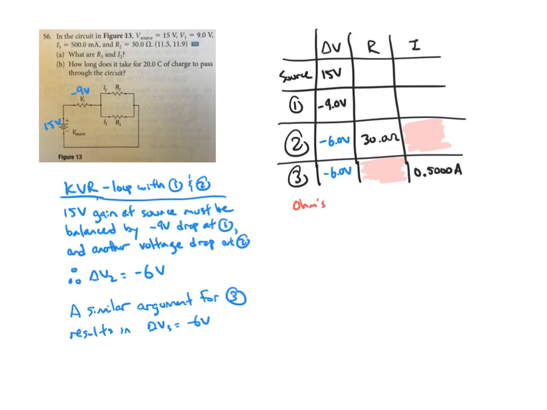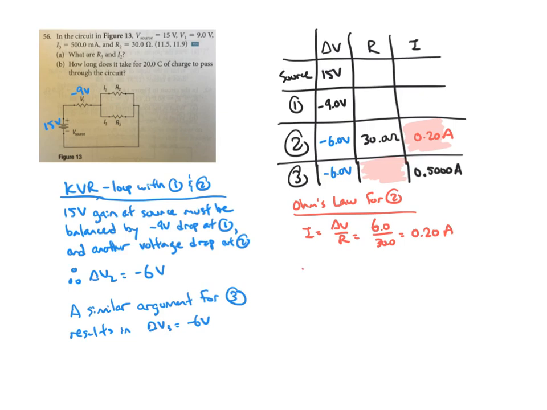Ohm's law for 2. I have to solve for the current in row 2. So that would be voltage divided by resistance. 6 over 30. That's a nice number, 0.2 to 2 significant figures.